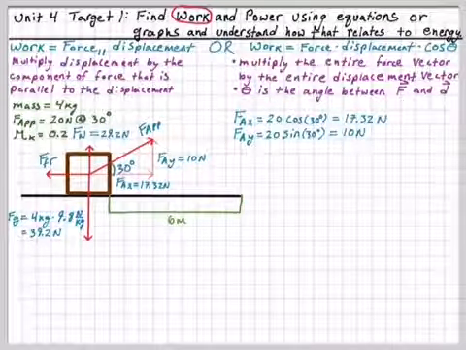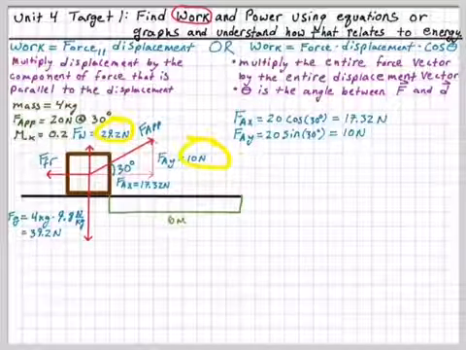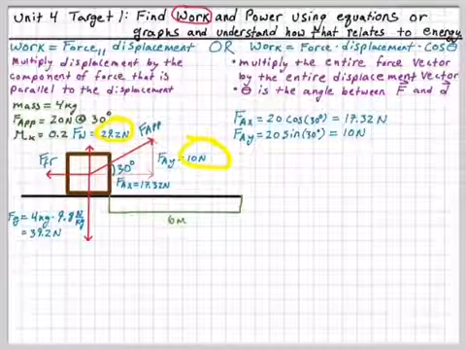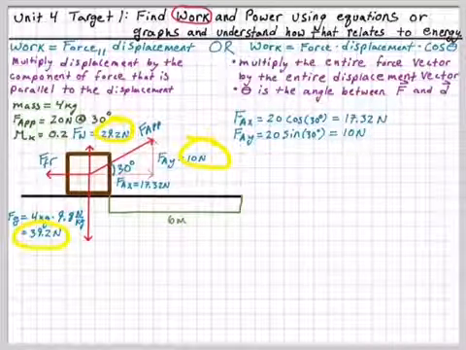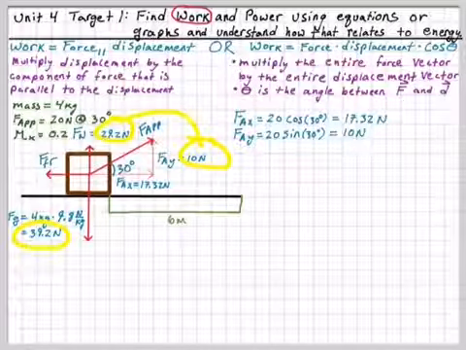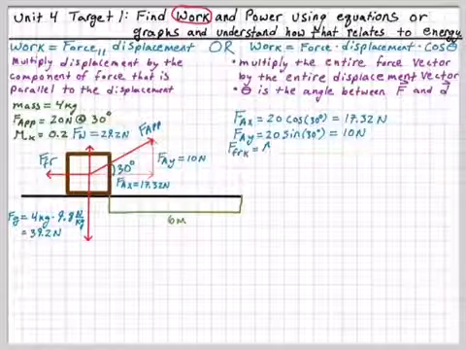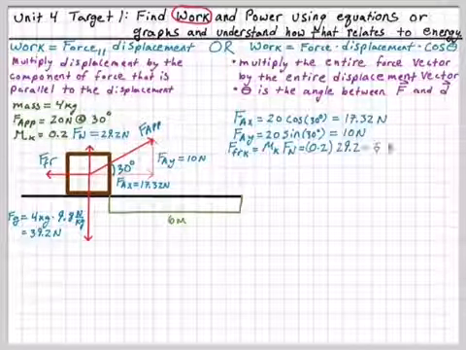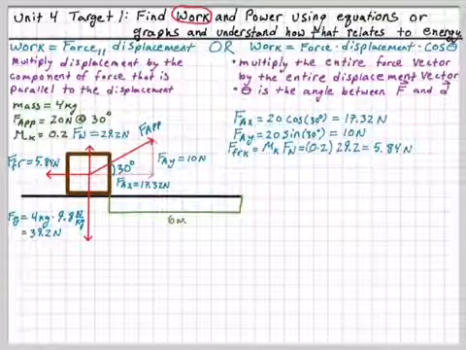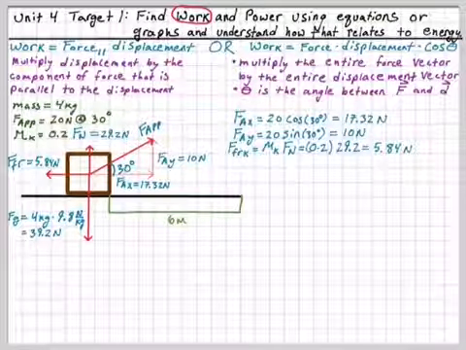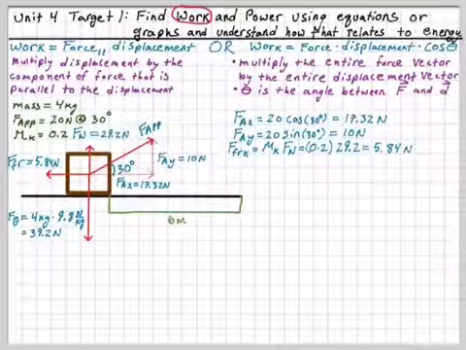Force normal is going to be working with this y component of the applied force to balance out force gravity. So the normal force is 29.2, because when we add that with 10, we get 39.2 newtons. And finally, force friction kinetic is mu times force normal. The normal force we know is 29.2, so multiply that by the coefficient of friction, and we get 5.84 newtons.